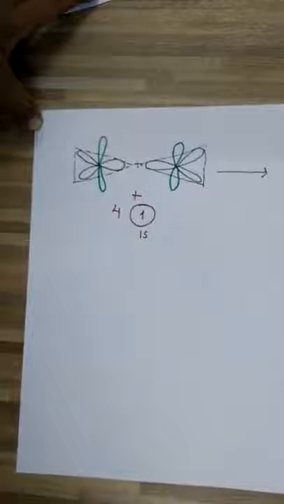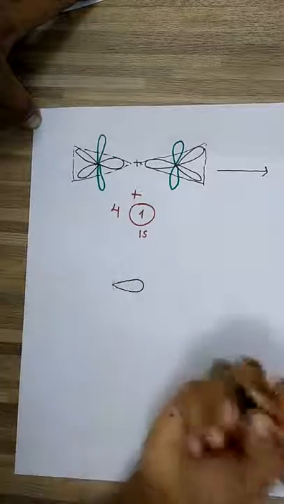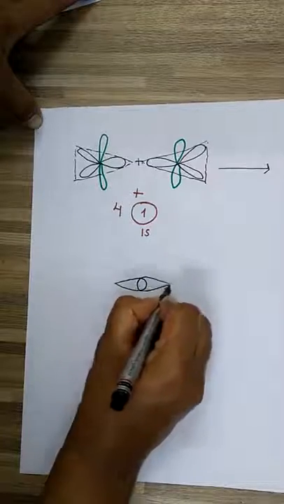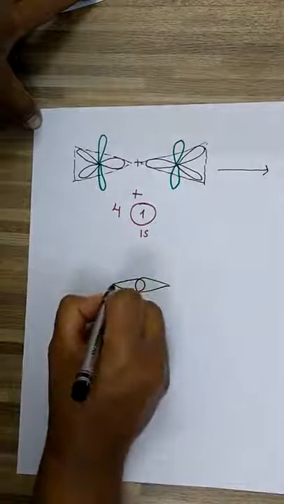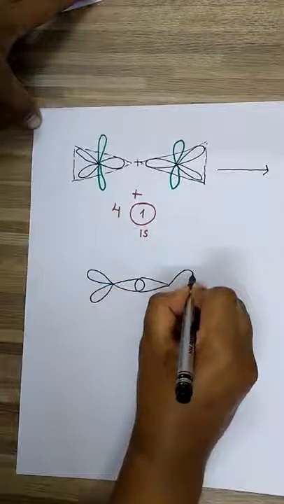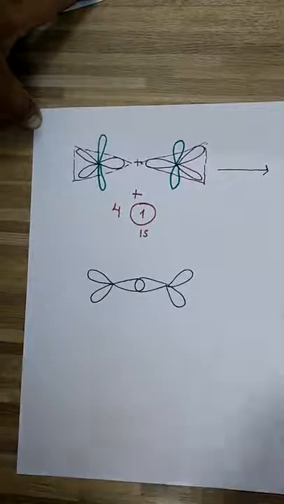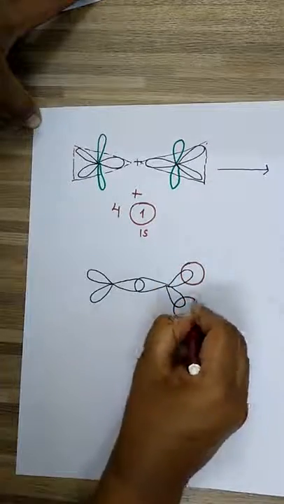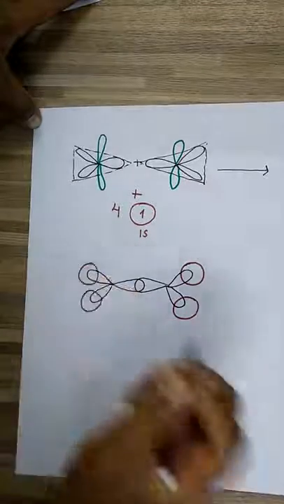So this sp2 hybrid orbital of one carbon will overlap with the sp2 hybrid orbital of the other carbon, this and this. These two remaining sp2 hybrid orbitals of the carbon atom are going to overlap with the hydrogen atoms.